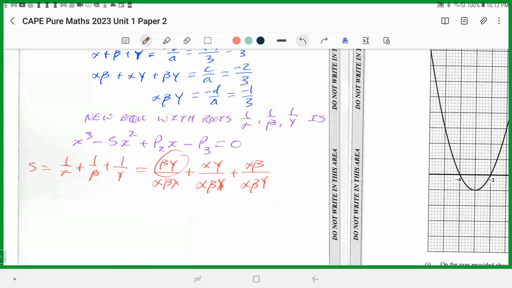But the pairwise product is this, negative 2/3. I'm going to put negative 2/3 over, and the product of the three roots is negative a third. So the negatives cancel, and the thirds cancel. So this answer actually works out to be 2.